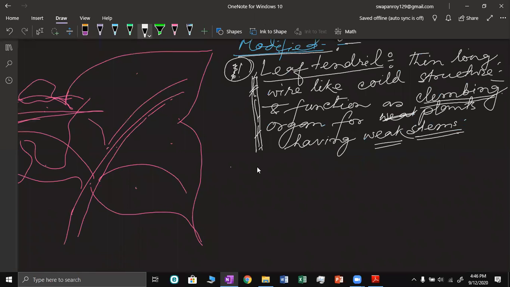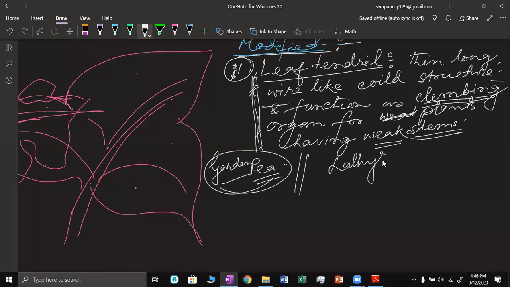This one we find in case of pea, that is garden pea, and Lathyrus.